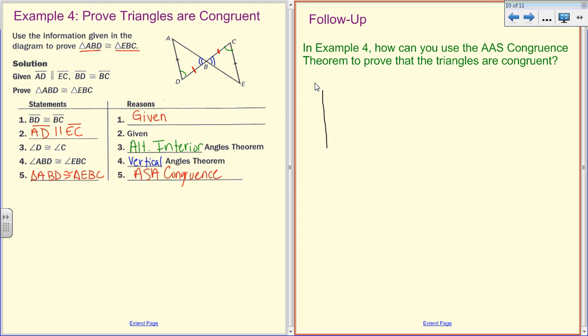We have our parallel sides, and then we have these transversals that are connecting them. We have A, B, D, and then C and E here. They gave us DB congruent to BC. They gave that to us. And then they gave us these parallel sides.